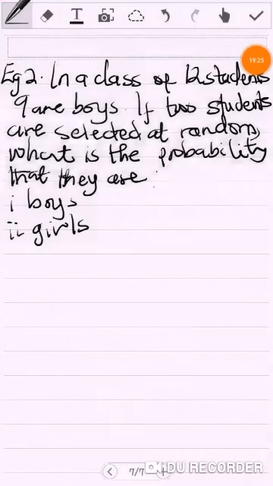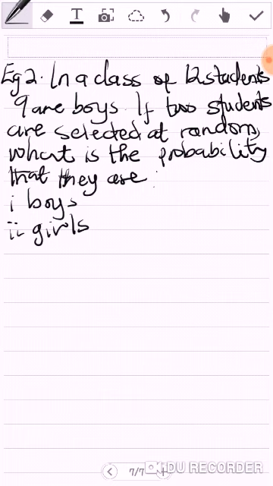Okay, so I'll give you one question to solve, and I'll give you the right answers. Example 2. In a class of 12 students, 9 are boys. If 2 students are selected at random, what is the probability that they are (i) both boys, (ii) both girls?